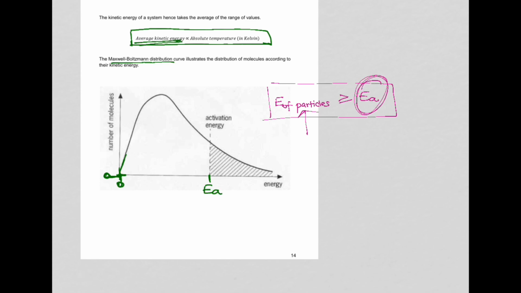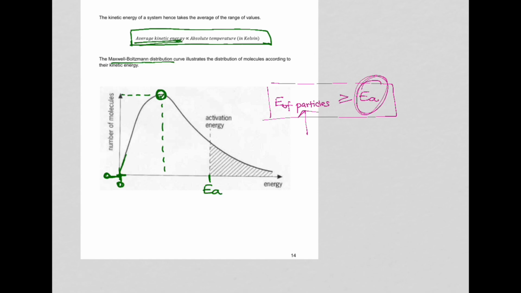When temperature increases, the energy of the particles increases. So there's going to be more particles with high value of energy. So that peak here shows the number of molecules with the highest value of energy. When you increase the temperature, the maximum number of particles will have higher energy.